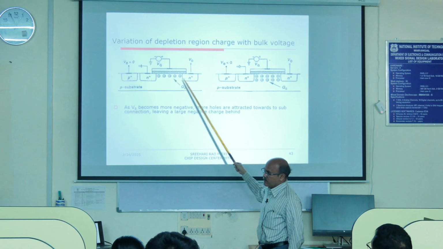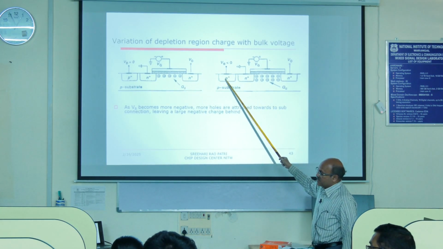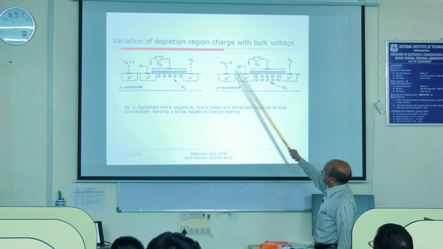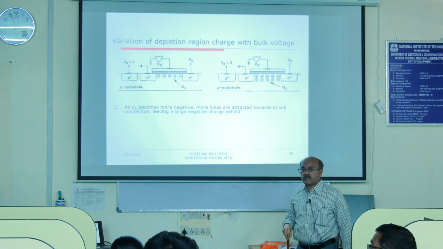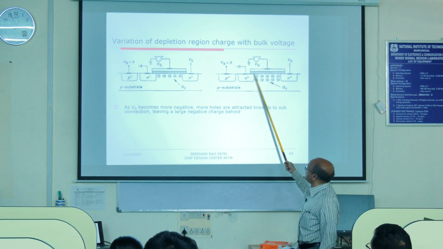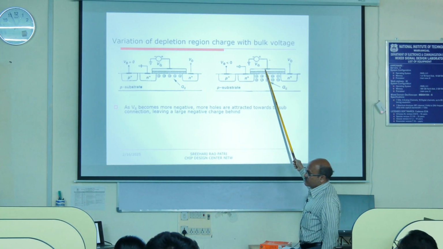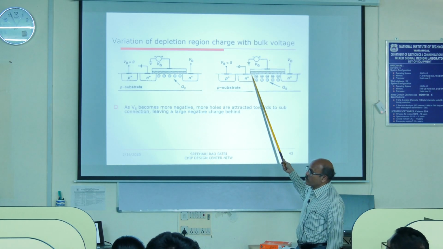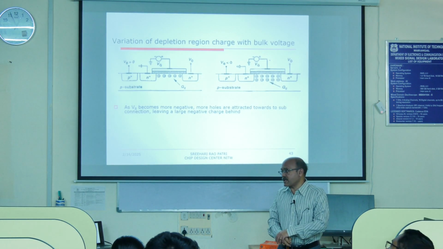Right, the channel will be formed. Now I have applied some negative voltage at the bulk, therefore the depletion width is increased. If I apply the same 0.7 volts, will the transistor be on? No, because the depletion width is more now, right? So I have to increase the gate voltage. That earlier 0.7 volts is not sufficient. Now I have to apply more voltage for the transistor to turn on. That means the threshold voltage, what happens to threshold voltage?